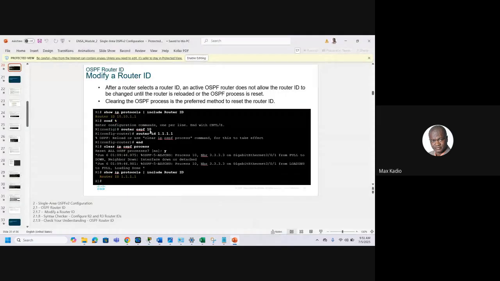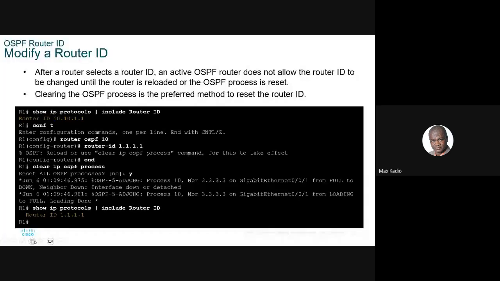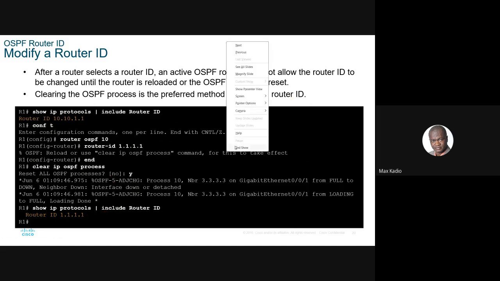Conft, router OSPF 10. Normally it should have cleared it. Conft, router OSPF router ID. It says we need to clear first. We clear. I don't know why Packet Tracer didn't clear, but normally if you work on a real router, it will clear.